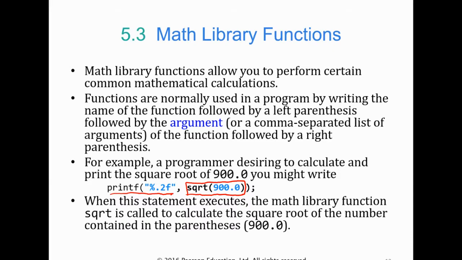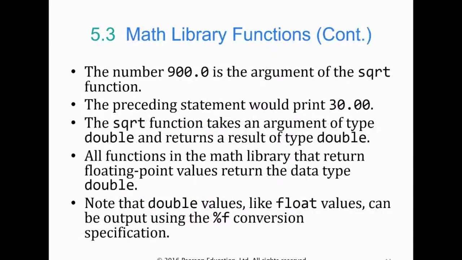It will take the square root of 900, which I believe is 30. So what you will get is something like 30 being shown to the user. So in this case, the printf function is calling another function which is executing something. This is something which is allowed.